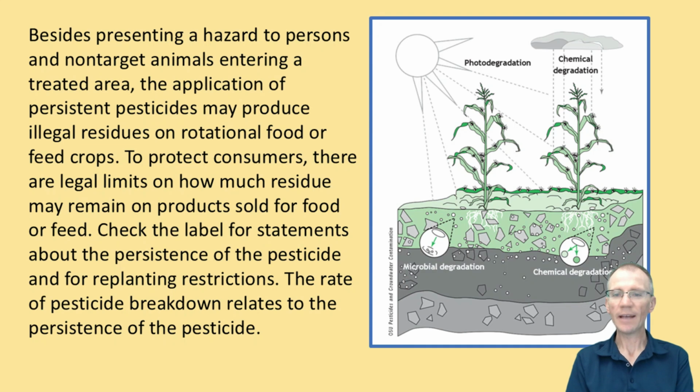Besides presenting a hazard to persons and non-target animals entering a treated area, the application of persistent pesticides may produce illegal residues on rotational food or feed crops. To protect consumers, there are legal limits on how much residue may remain on products sold for food or feed. Check the label statements about the persistence of the pesticide and for replanting restrictions.